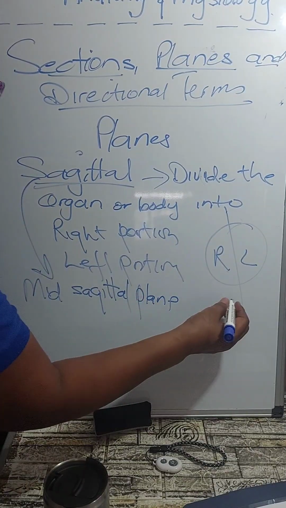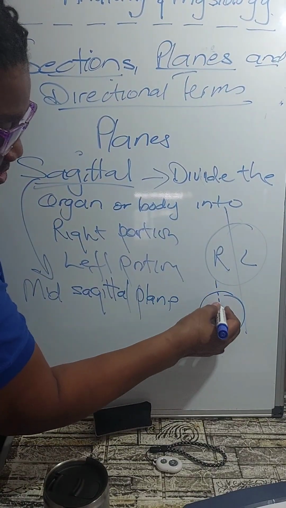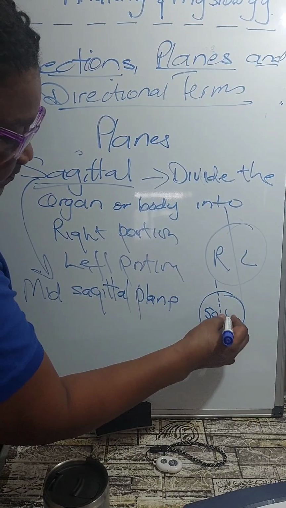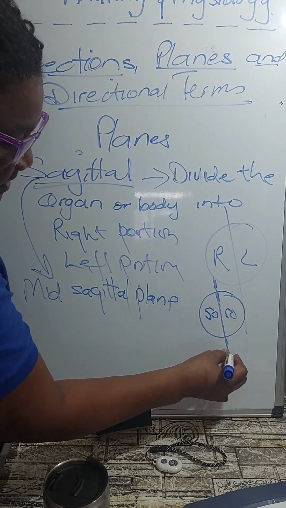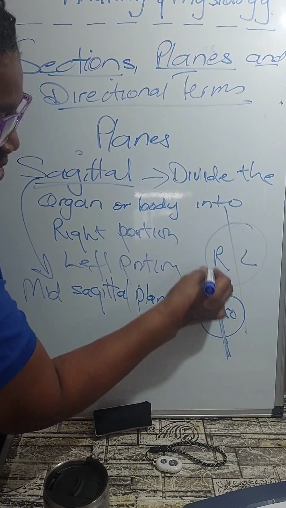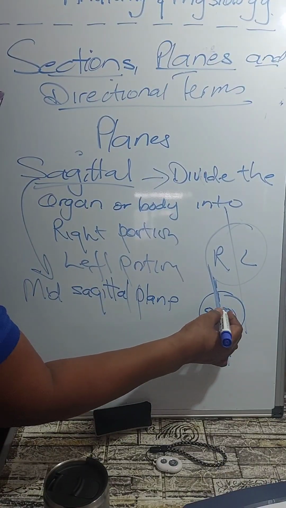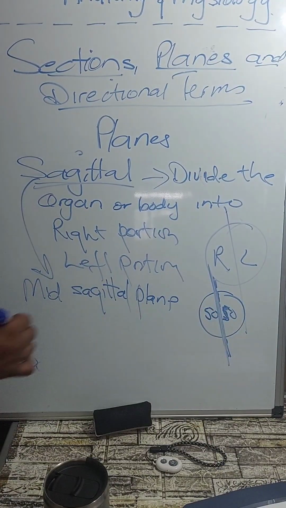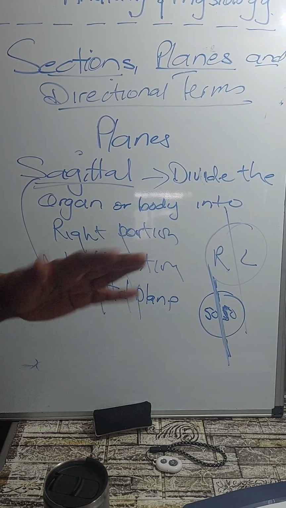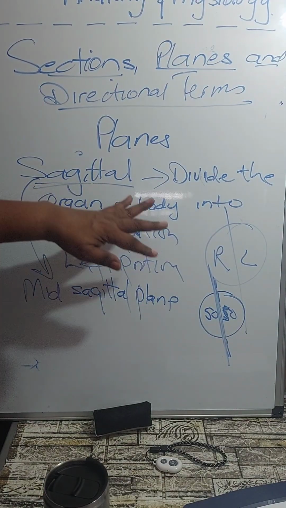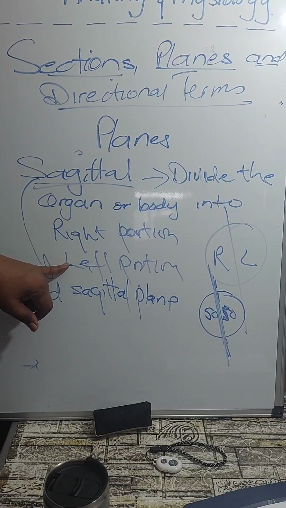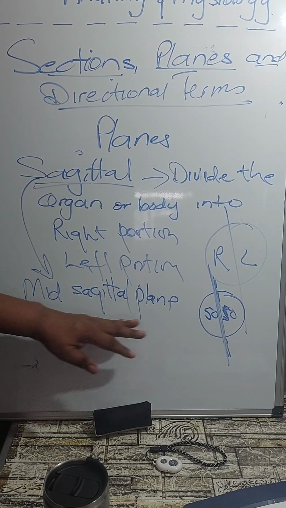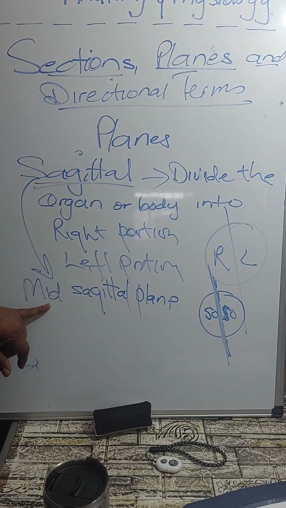What this is saying now is that this cut is 50-50. This imaginary line, this plane, is dividing the organ or the region or the body in equal segments, half and half, mid-sagittal, half and half. Whereas the word sagittal is just saying right and left. They're getting specific now with the plane of cut and saying I need a mid-sagittal.